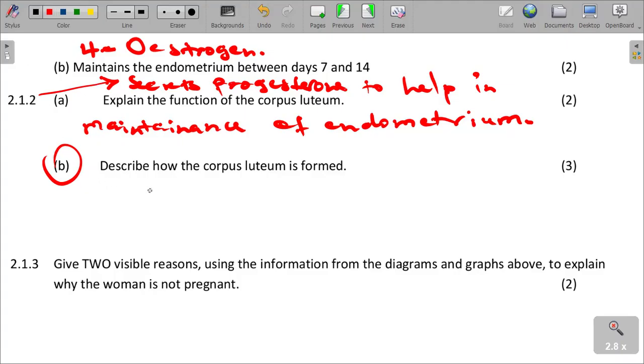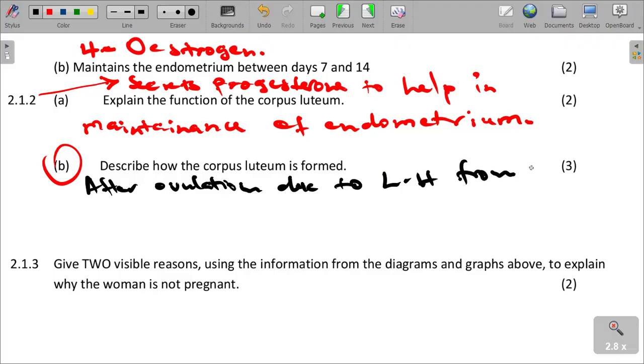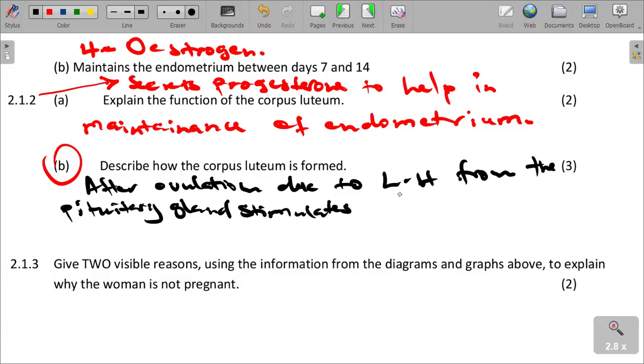You need to note that after ovulation, due to LH, luteinizing hormone, from the pituitary gland, it stimulates the conversion of the ruptured graafian follicle.